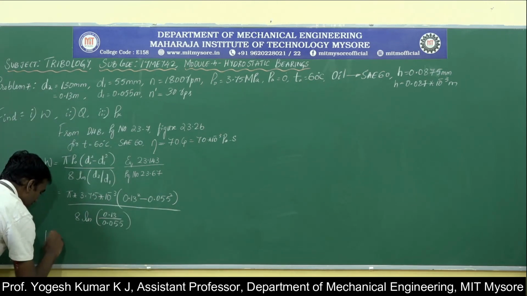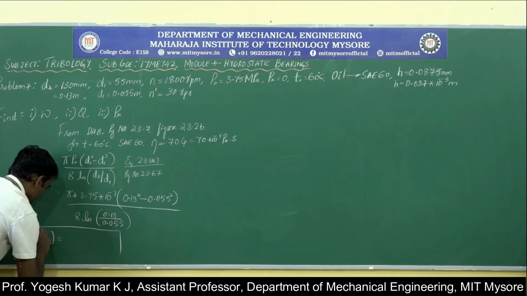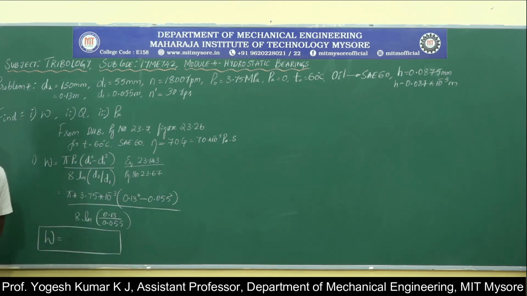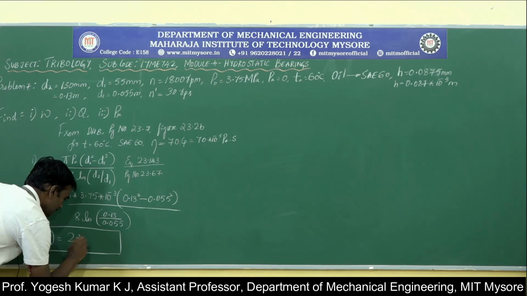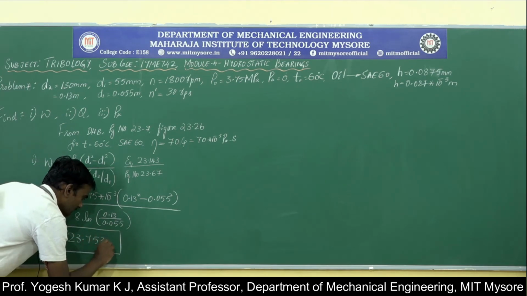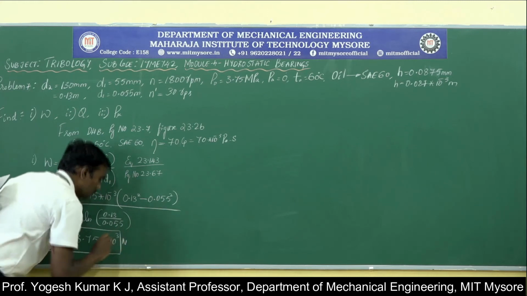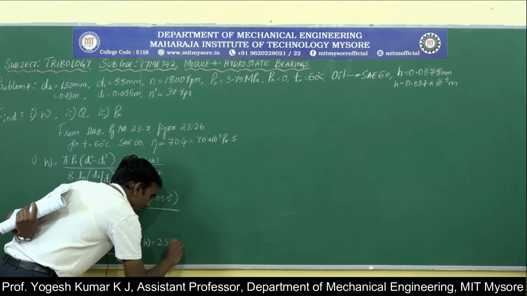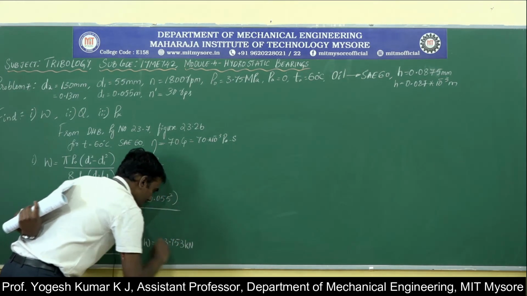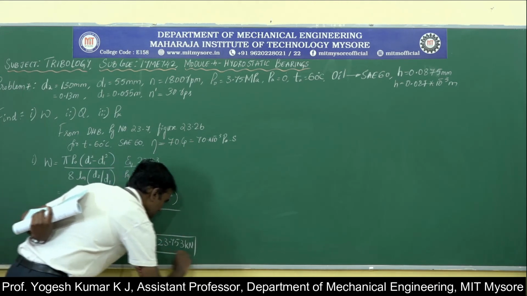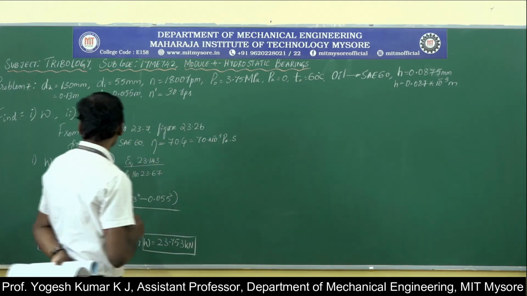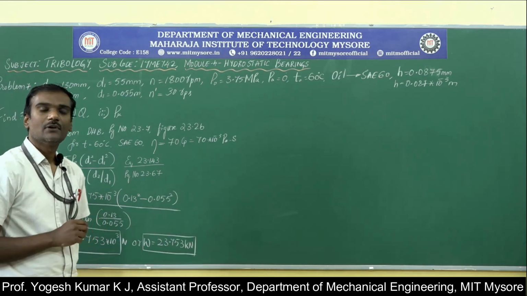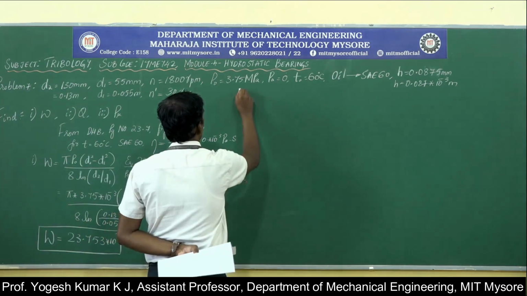On calculation, we get the value of W as 23.753 into 10 power 3 Newton, or W equals 23.753 kilo Newton. So we found the value of W, that is load carrying capacity.